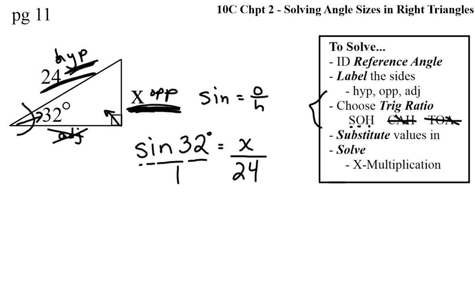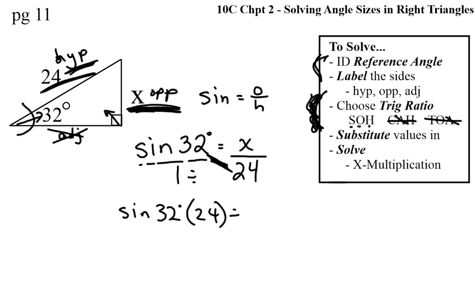This here, choosing your trig ratio, if you set up correctly, this is the most thinking you have to do. Sine 32, cross multiply. What can we multiply in this case? Here's where our cross multiplying occurs. Sine 32 times 24, divide by that last piece, that gives us x. So that's what we need to calculate.